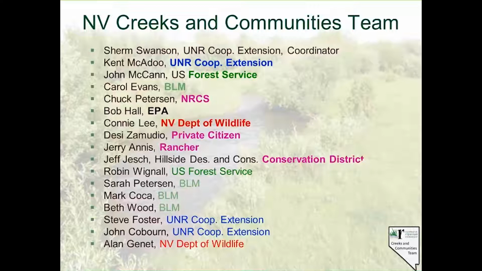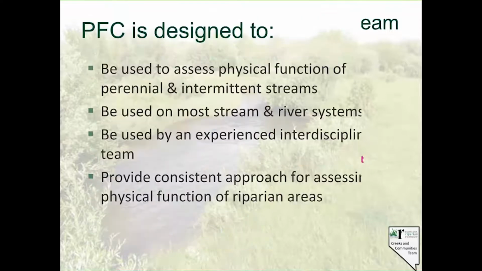And so that diversity of backgrounds is key to doing PFC, because it's designed to be useful to assess physical function of perennial and intermittent streams. It can be used on most stream and river systems. It is meant to be used by an experienced interdisciplinary team and to provide a consistent approach for assessing physical function of riparian areas.